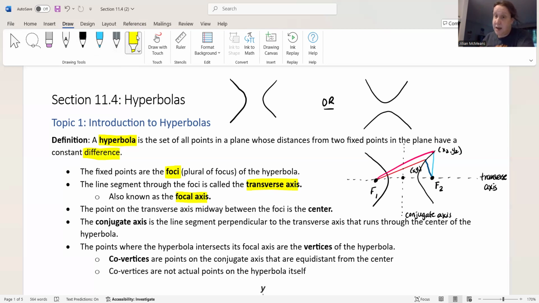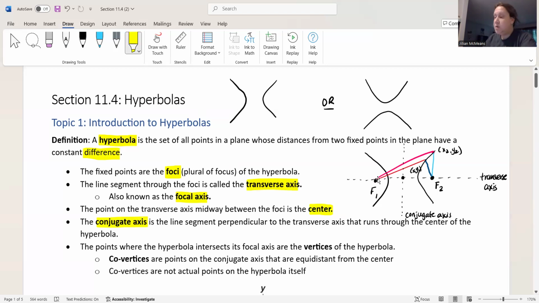I will probably mistakenly call it the major axis or the transverse axis. We have a center, which is halfway between the two curves, so halfway between the two focus points in your hyperbola. We have the conjugate axis, which is a line segment perpendicular to the transverse axis that runs through the center.